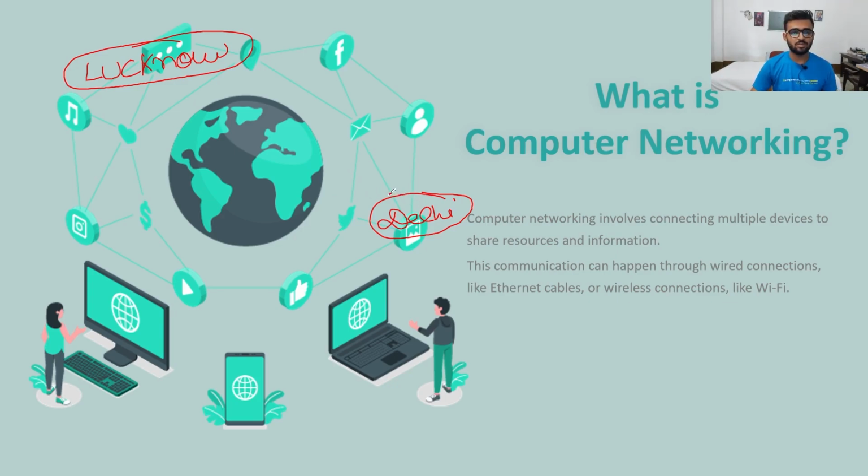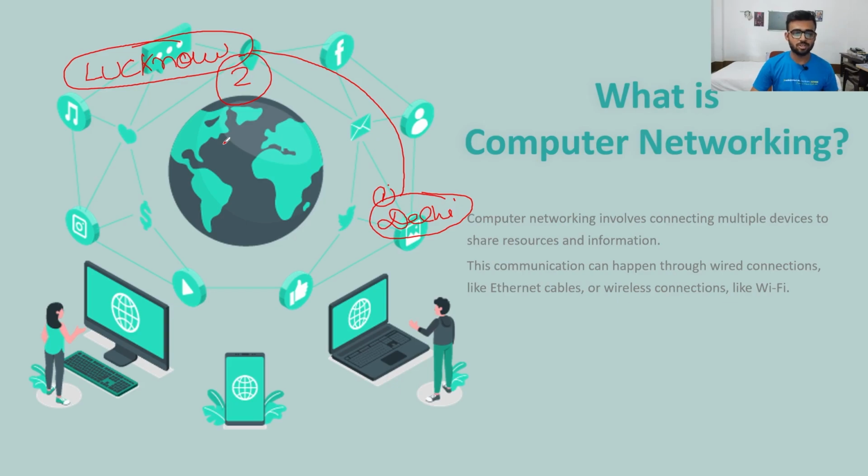They simply click on the send button and the message is received by the other one in Lucknow. So what will happen? There are many connections between these two persons, where the data is transferred from one location to another location.